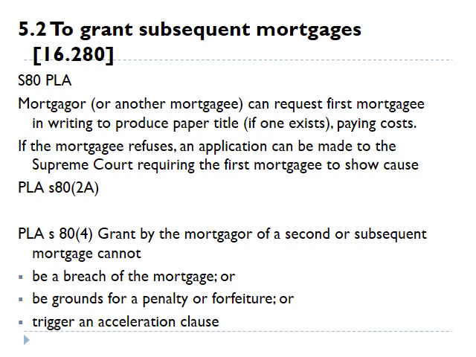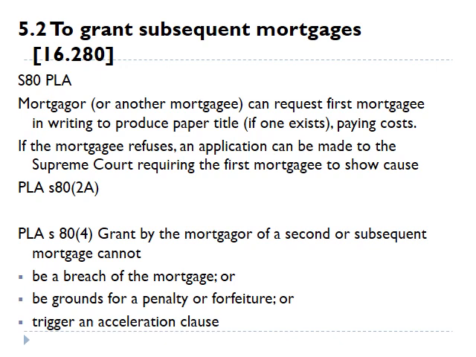And if a mortgagee tries to prevent that, then that mortgagee can be restrained, and the court, after an application is made, can require the first mortgagee to show cause why they should not permit it.